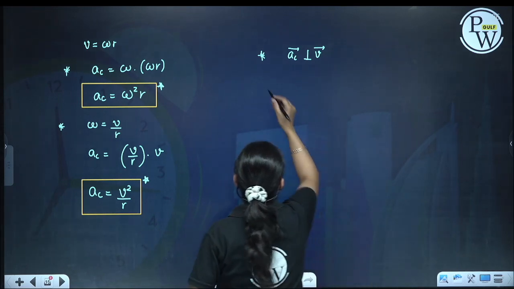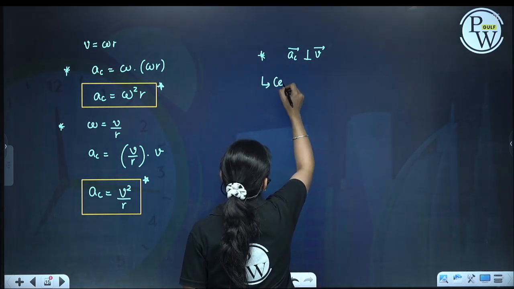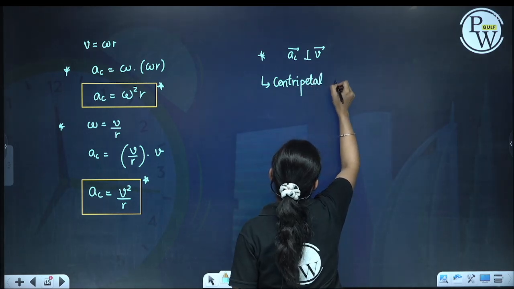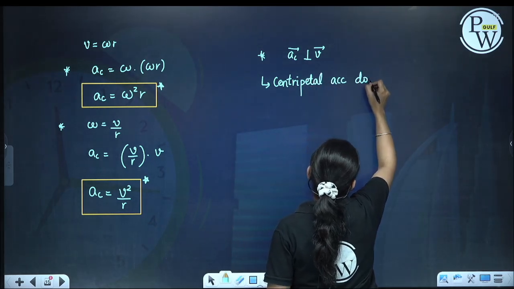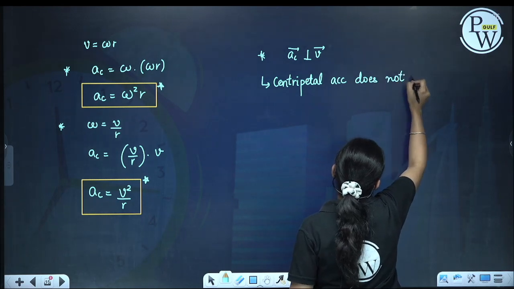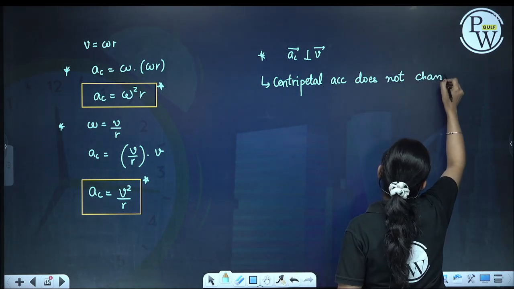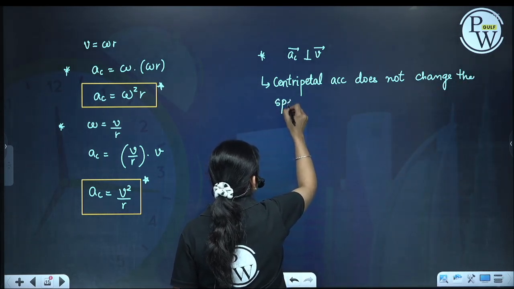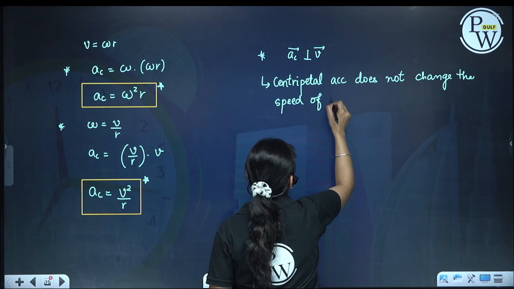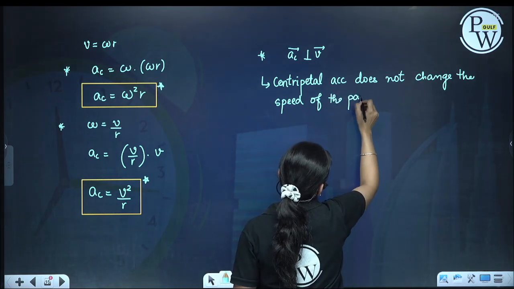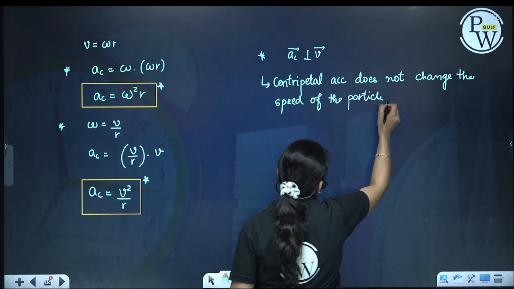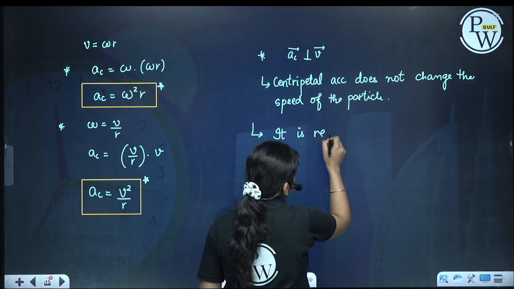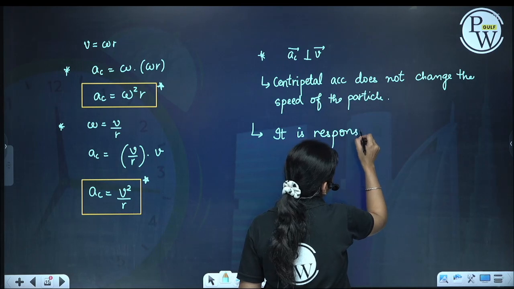So centripetal acceleration does not change the speed of the particle, because it is perpendicular to velocity. It is responsible for change in direction of velocity.